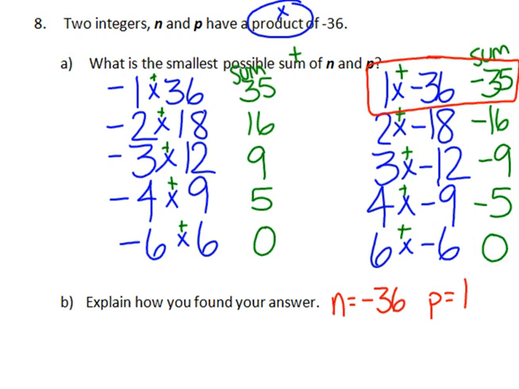Okay, and then for explain how you found your answer, you could just say I made a list of all of the possible factors or all of the possible numbers that would multiply to negative 36. I added all of them up to see what the sums would be, and then I just picked the one that had the smallest sum. So you just put that into words for part B.